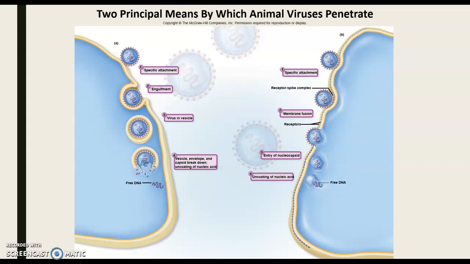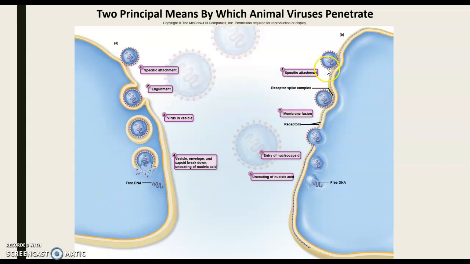I don't know off the top of my head what page this is on in your book, but let me look. If you want a close-up and personal picture, it is on page 133 and 134. So on this side, you have the specific attachment, where the virus actually attaches to the cell membrane. It is engulfed into a vesicle, and then pieces of that virus are broken down, allowing the DNA to float freely in the cytoplasm.